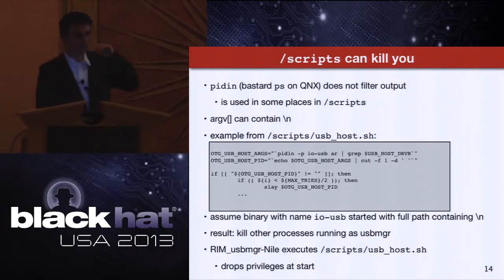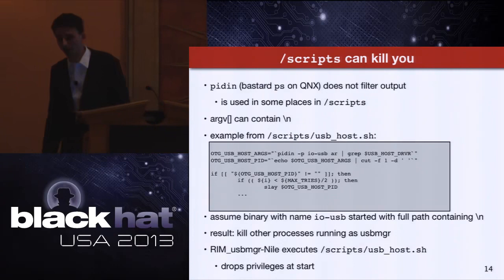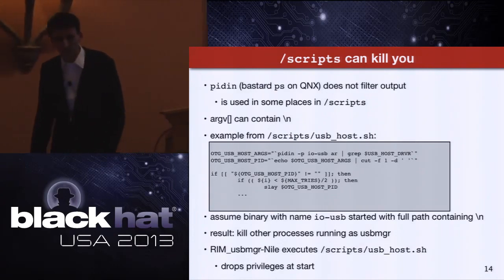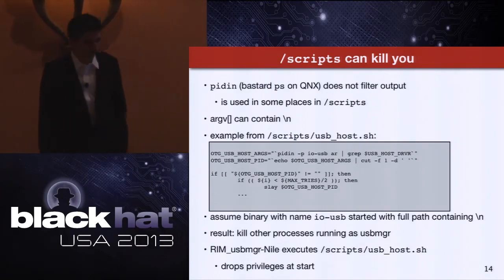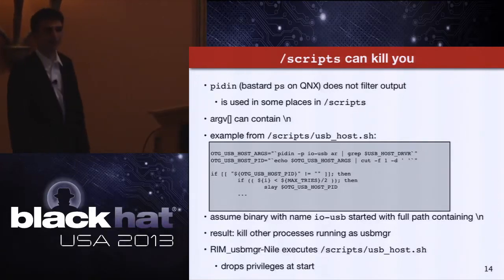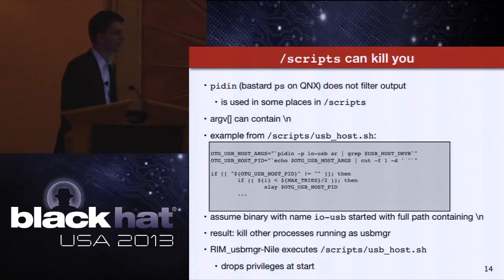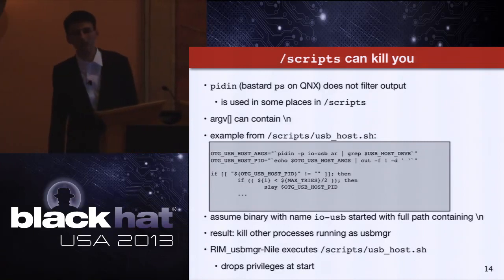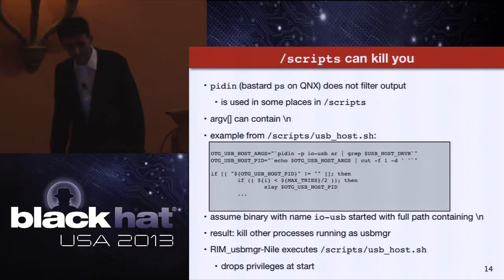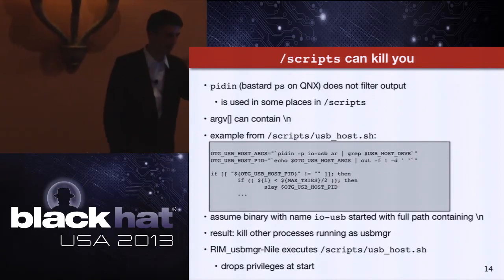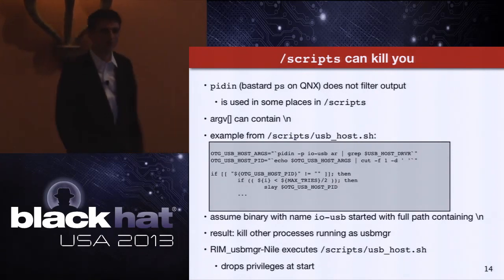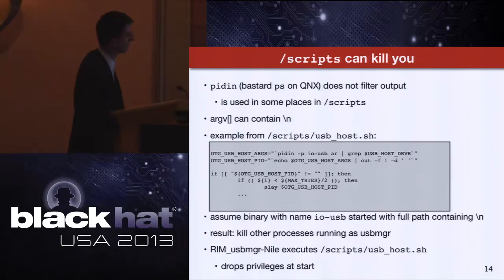So there's a program called pidin, which is the bastard PS on QNX. And this doesn't, as many other utilities on QNX, filter the output. So you can have things like backslashes, carriage returns and semicolons and shell metacharacters and everything in the output.